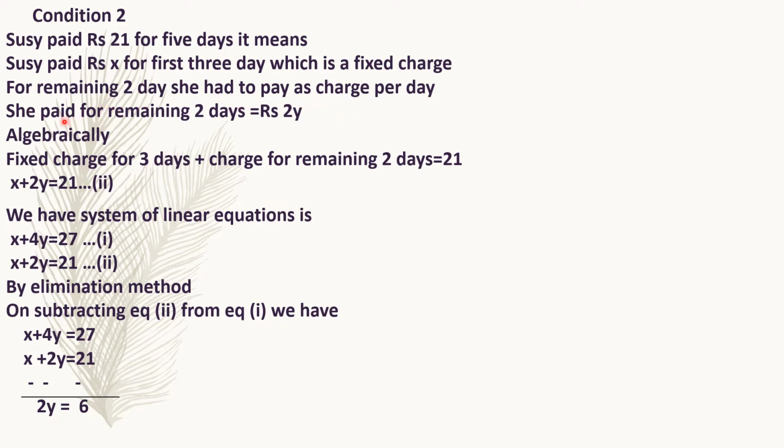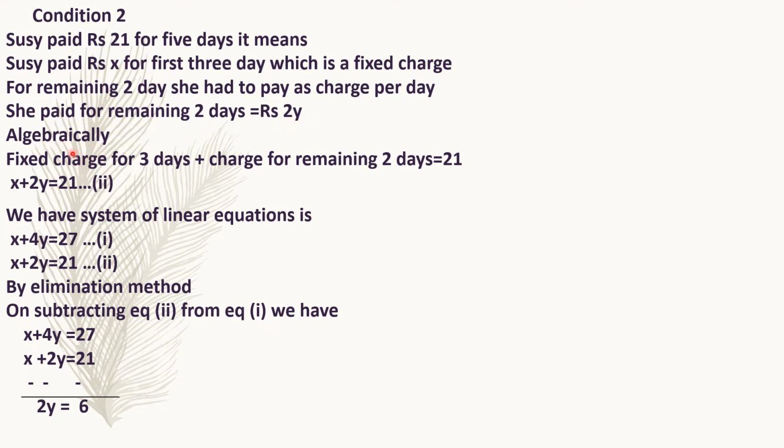So it means she paid for remaining 2 days 2y rupees. So in total bill of 21 rupees, when she kept the book for 5 days, she paid rupees x for first 3 days, and for the remaining 2 days she paid rupees 2y.